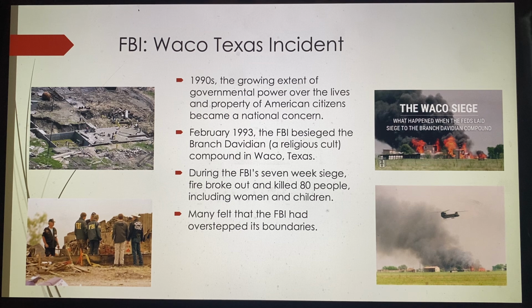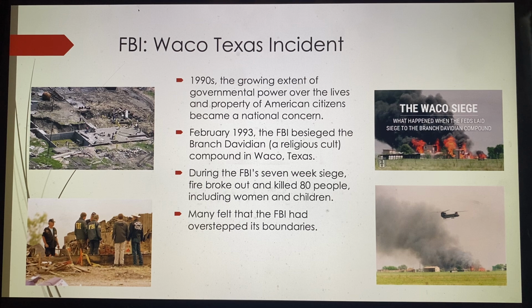On to the FBI in Waco, Texas, the Waco, Texas incident. In the 1990s, the growing extent of government power over the lives and property of American citizens became a national concern, the government having power. In February 1993, the FBI besieged the Branch Davidians. David was his name, so they called it a Davidian cult.